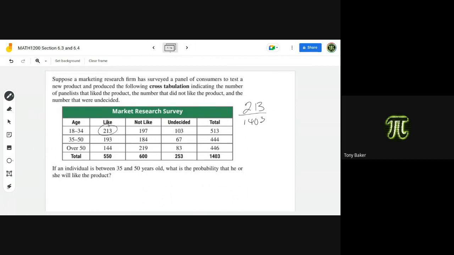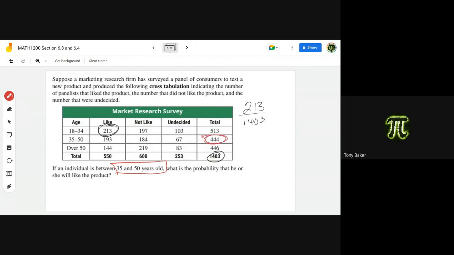The question is, if an individual is between 35 and 50, what's the probability that she will like the product? In this one, I'm given that they're 35 to 50 years old, so I'm not looking at the total.